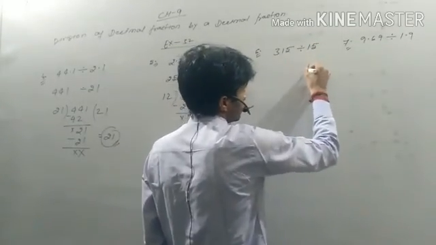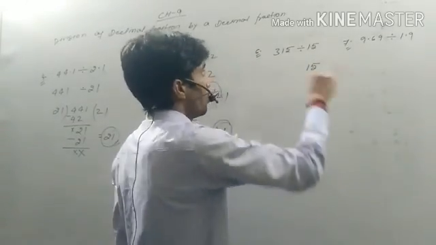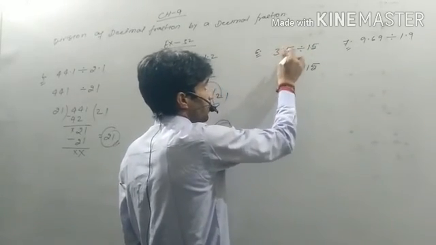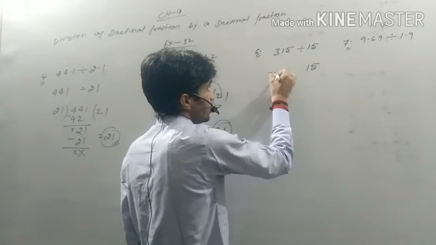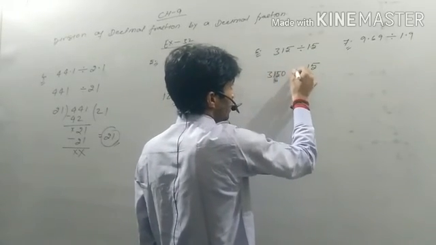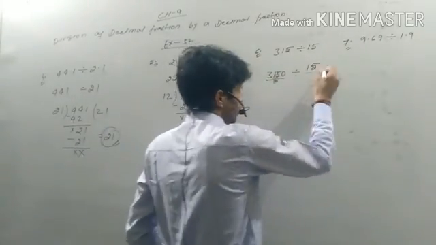So this is 15. Now shift one place of decimal and 315 changes into 3150. Now divide, this is your new dividend and this is your new divisor.